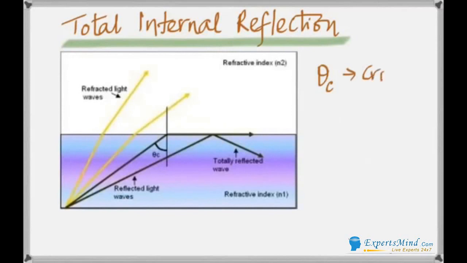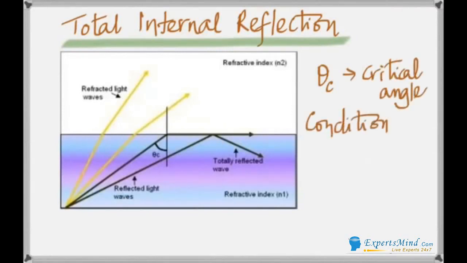Theta C is called the critical angle. I gave you the two conditions. Light should pass from a more optically dense to a less dense medium. And the angle of incidence must be greater than the critical angle.